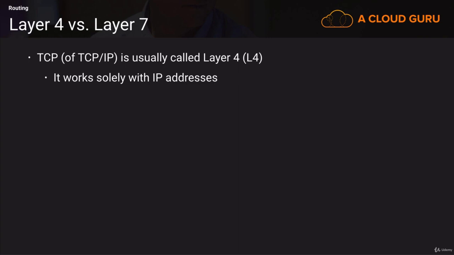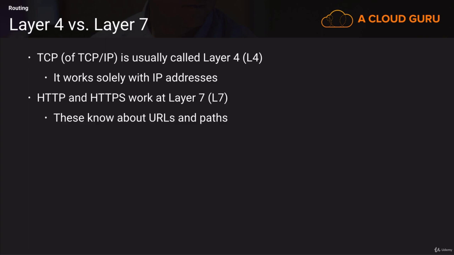It knows how to make a connection from one place to another and send a lot of data along that connection, but it doesn't know anything about things like HTTP or HTTPS. Those protocols that make up the web work at Layer 7, and this is where URLs and paths come in. So if you have something like mywebstore.com/shopping cart, the /shopping cart part is the path.